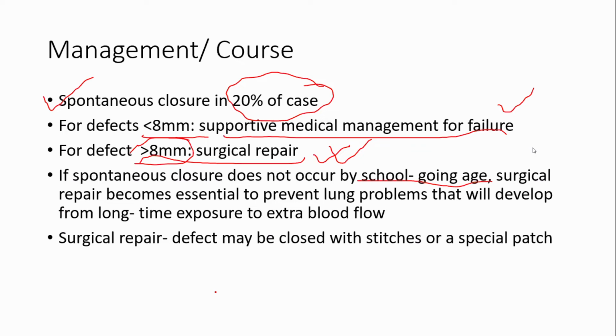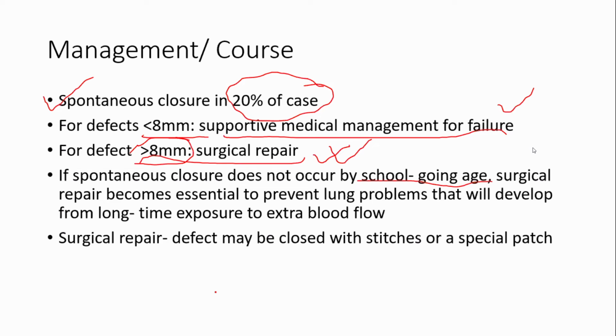With long-standing pulmonary hypertension, there are some vascular changes in the lungs also. So it is better to diagnose atrial septal defect early in life, and if it is not closed, it should be closed before going to school. If it is not closed early, later on the child may present with chronic lung disease because of persistent pulmonary hypertension.